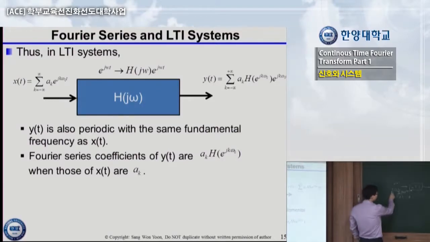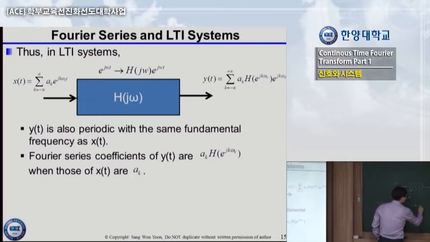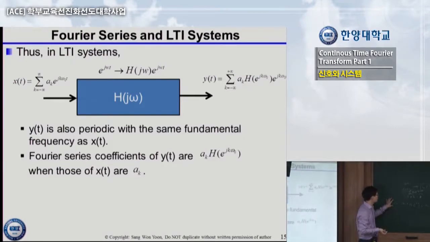Therefore, we consider x to be a set of additions: a0, a1 exponential when k equals 1, exponential when k equals 2, and so on. Please forgive me, I just wrote this down very quickly. And we can pass the whole signal through the system, or pass individual signals through the system, and get the output, which is y.